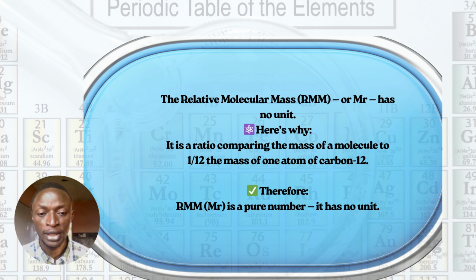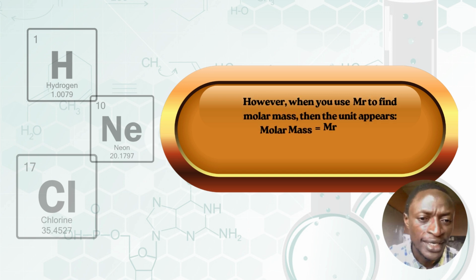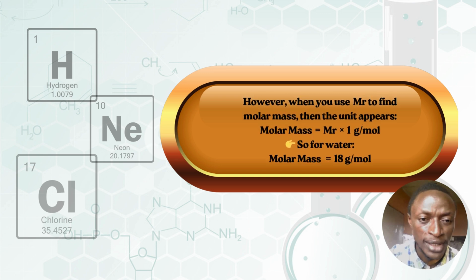Since we are comparing the mass of one molecule to the mass of one atom of carbon-12, you are comparing two masses, so the units will cancel out. It has no unit.